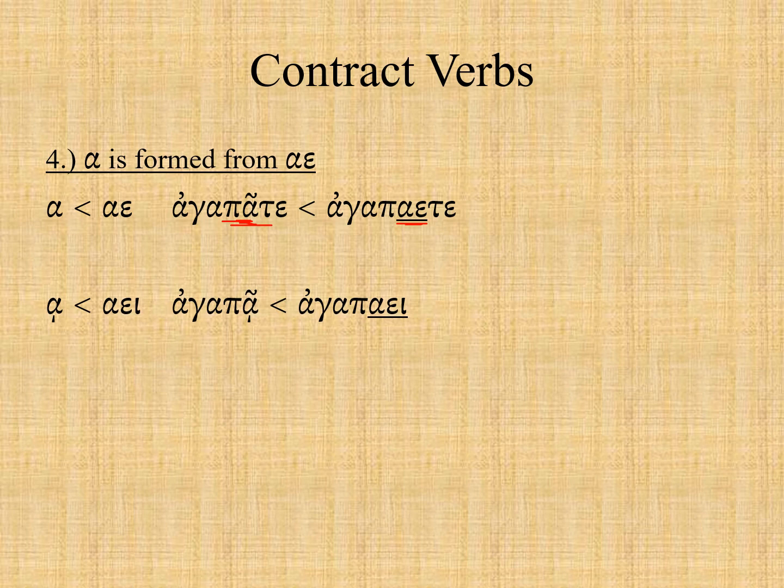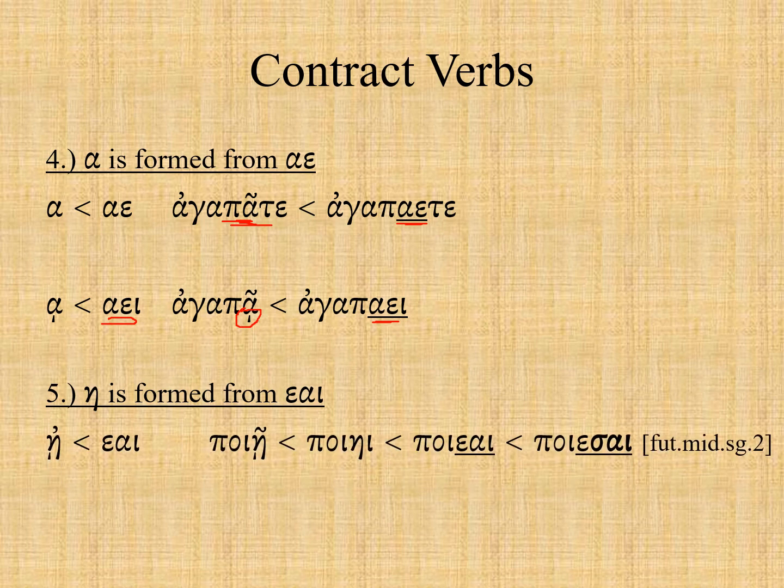Similarly here, agapae: what happens is the collision of alpha and epsilon, which turns into alpha, and then the iota is placed underneath. Then we have eta, which is formed from epsilon and alpha iota, and there are a variety of combinations.